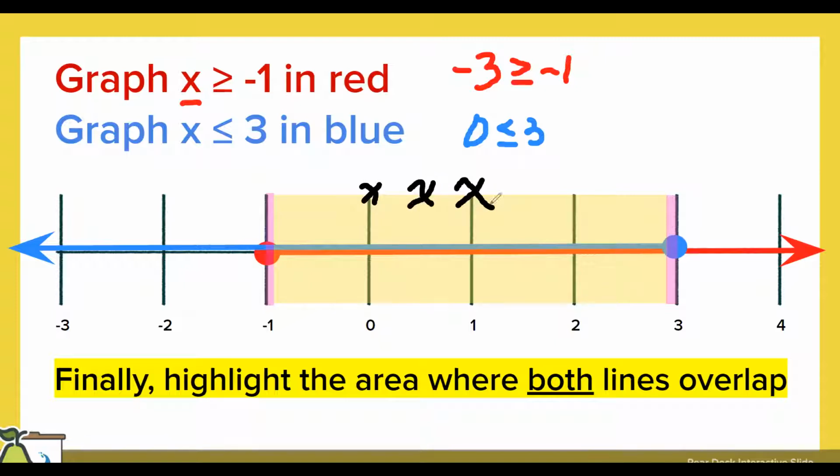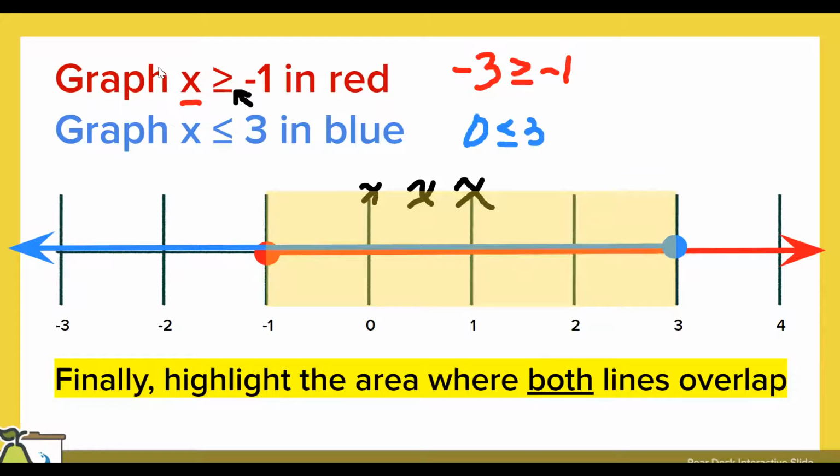It works everywhere that is shaded in here. What about at -1? Well, since we said that x could equal -1, and -1 is definitely less than 3, it absolutely does work. So in total, your shaded area shouldn't just be this middle portion here. It should be the entire area encompassing -1 through 3.